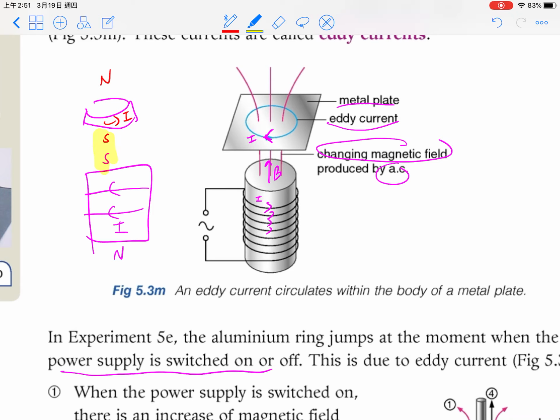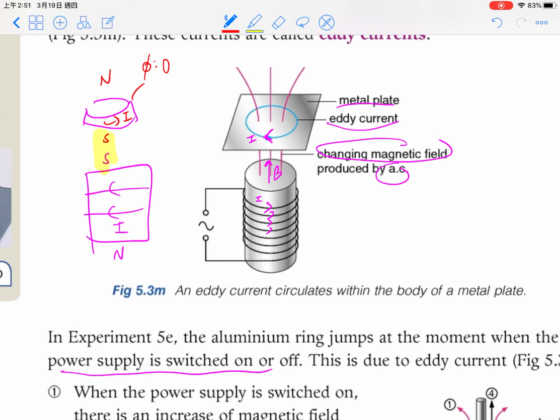But if we use DC, that means we only switch on or off the current, and the current only flows in one direction, so it would not produce a changing magnetic field. If we consider the ring, the magnetic flux before we switch on the power supply will be zero.